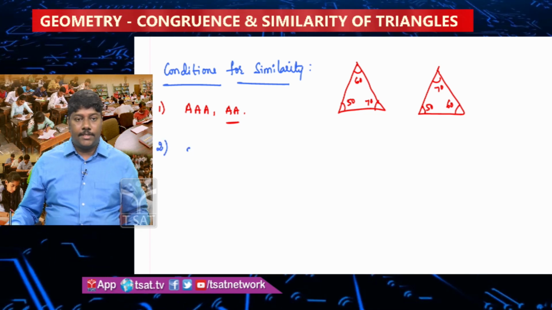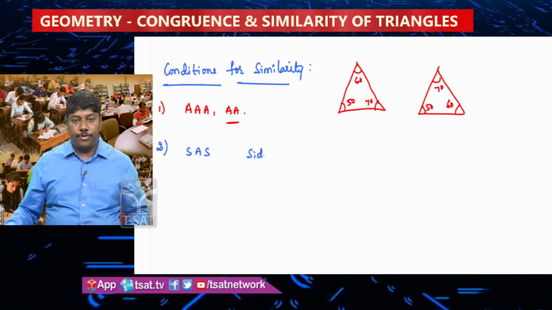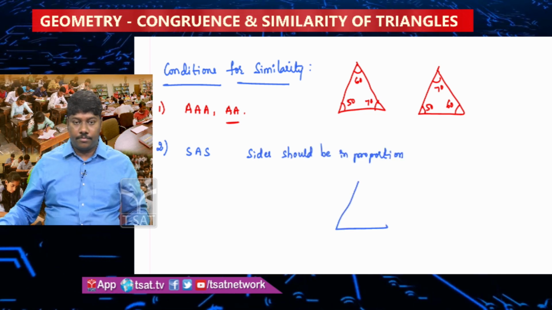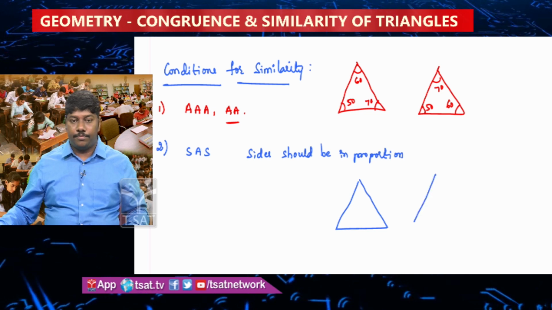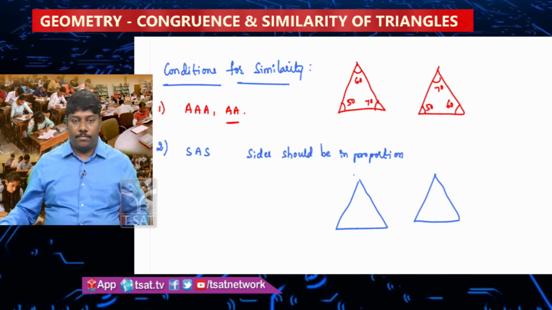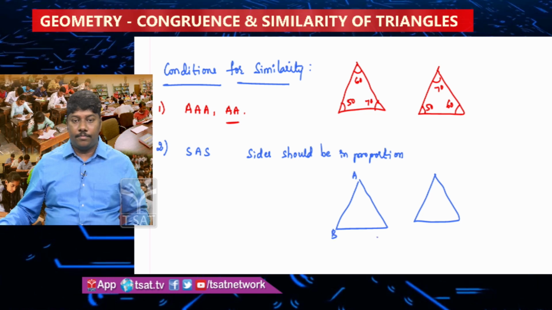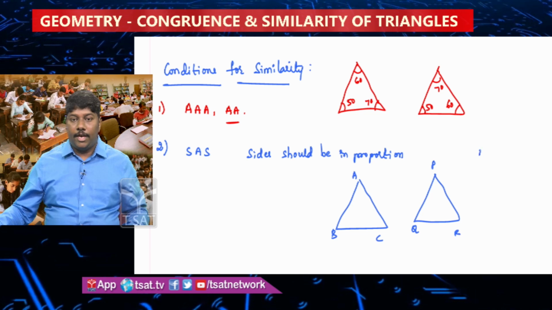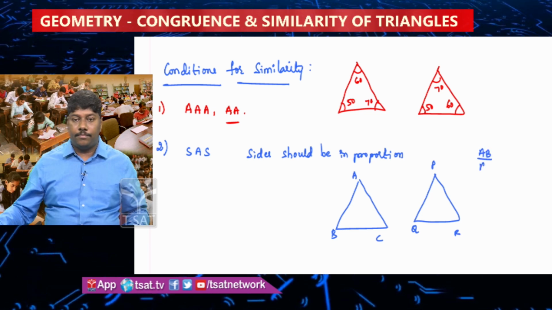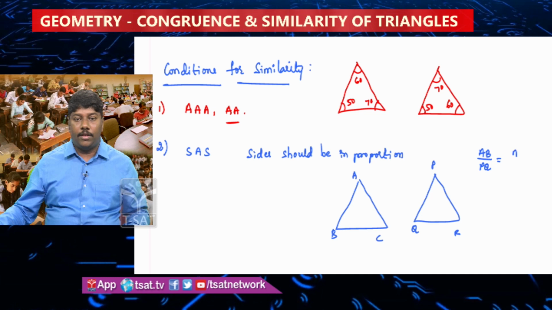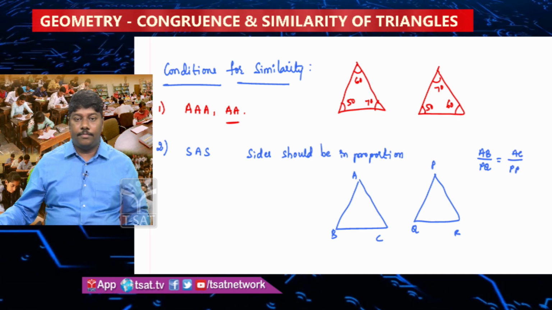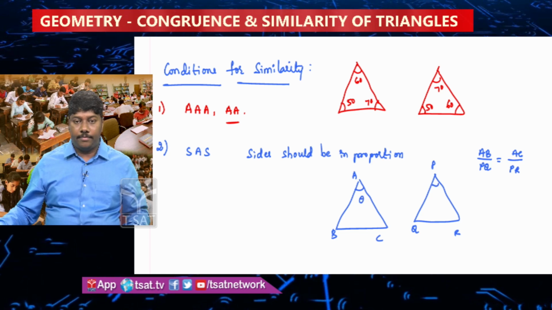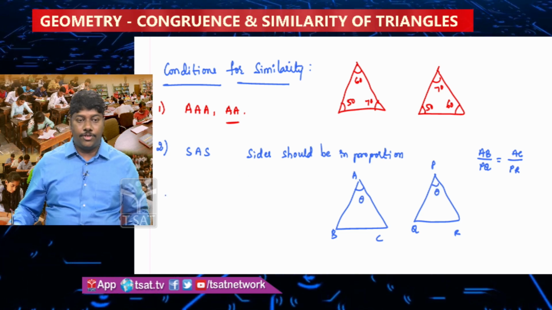The second condition, side, angle, side. Sides should be in proportion and the angle should be equal. I mean to say, if I take triangles ABC and PQR, AB by PQ, proportion means their ratio must be equal, AC by PR, and angle A should be equal to angle P. The third one is SSS.